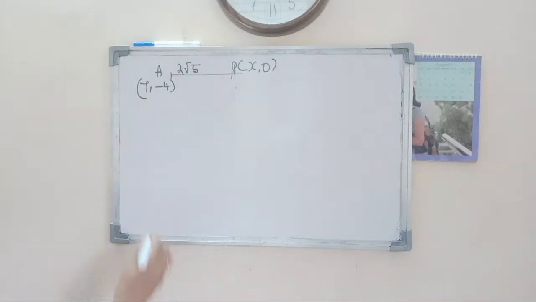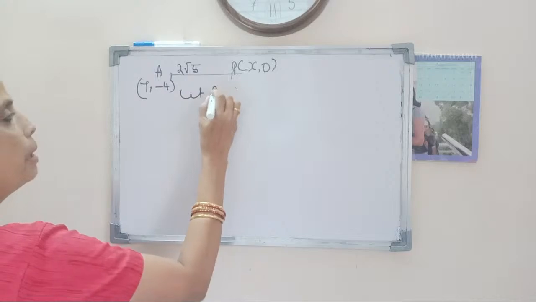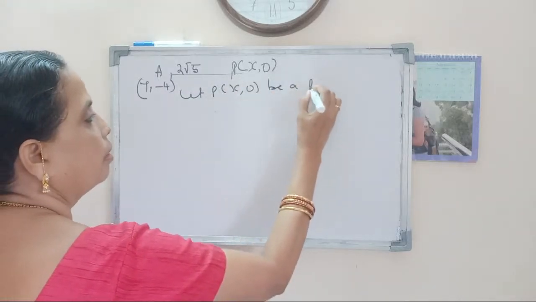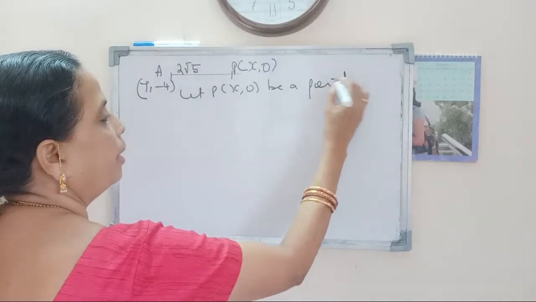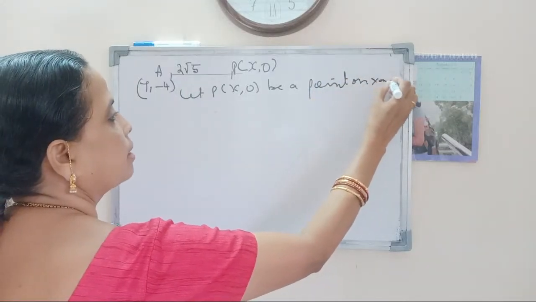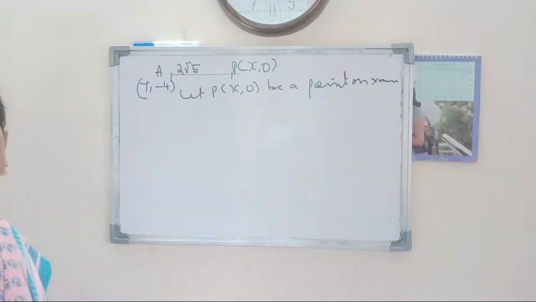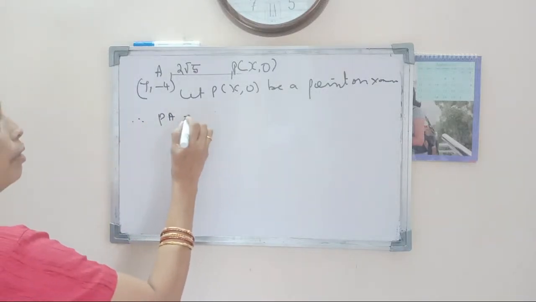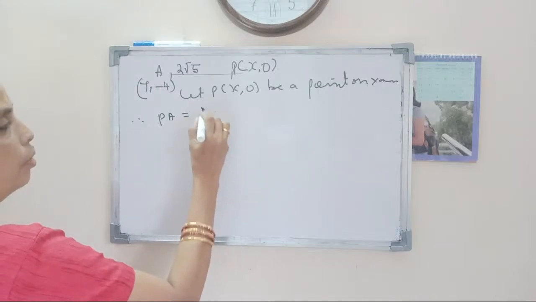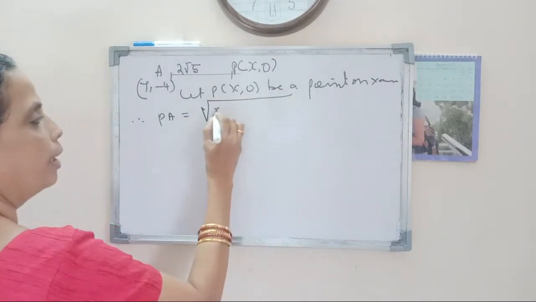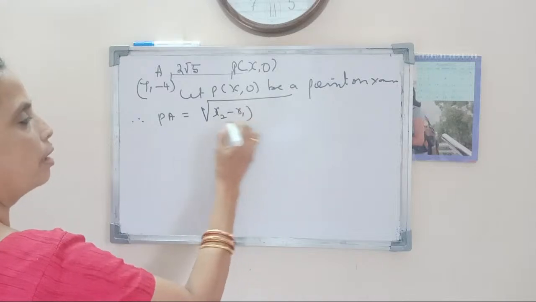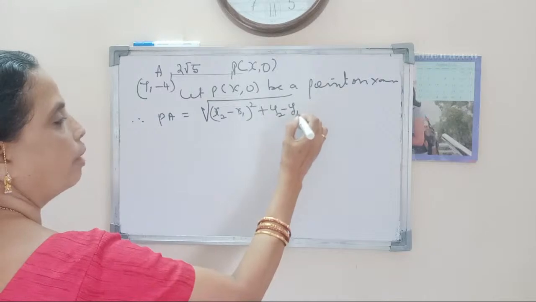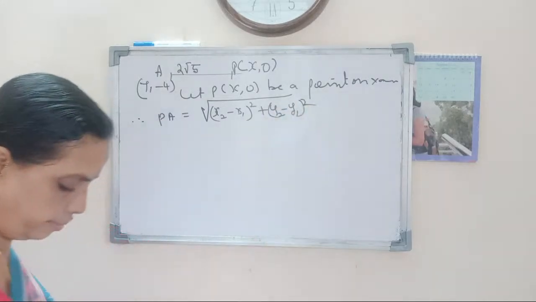The condition is: let P(x, 0) be a point on the x-axis. Therefore PA equals root of x2 minus x1 whole square plus y2 minus y1 whole square.